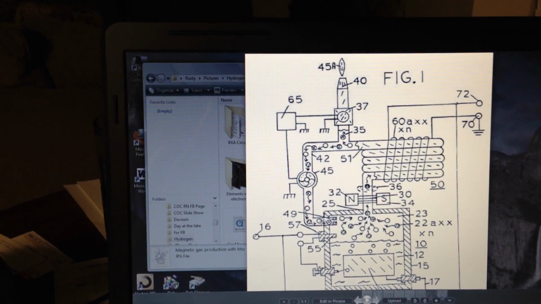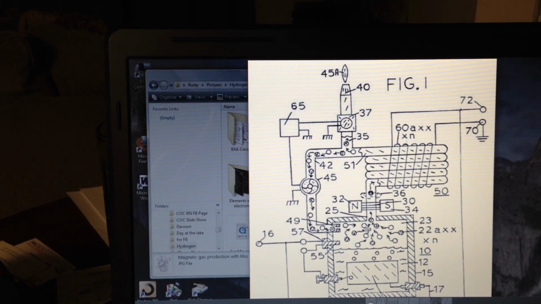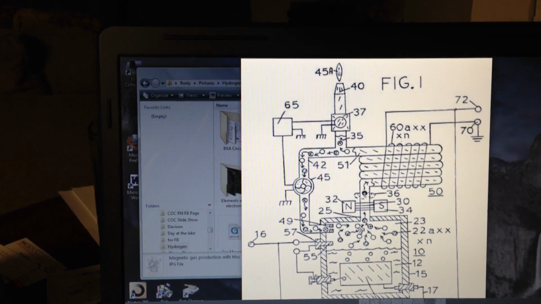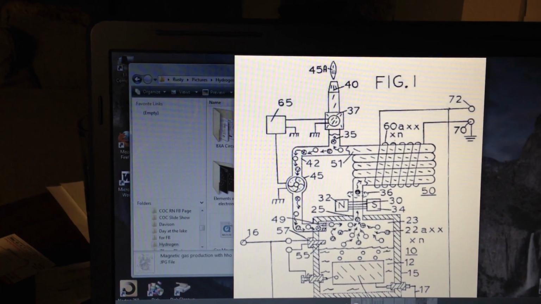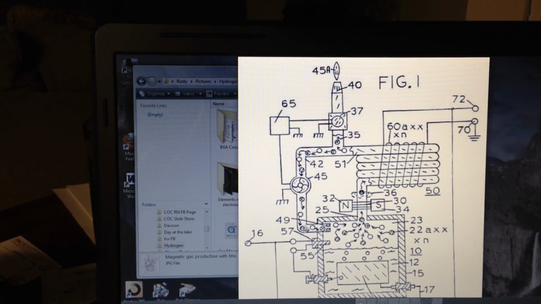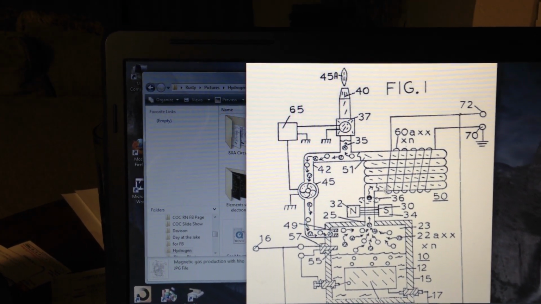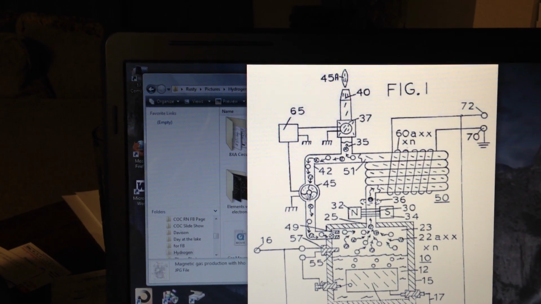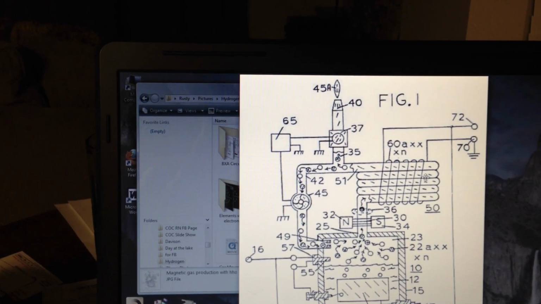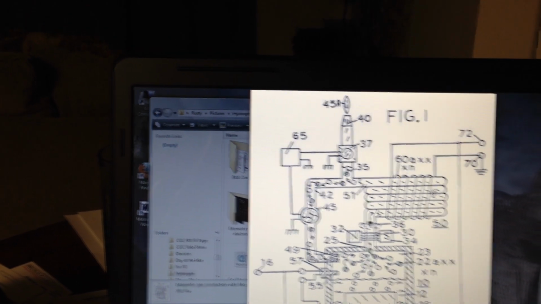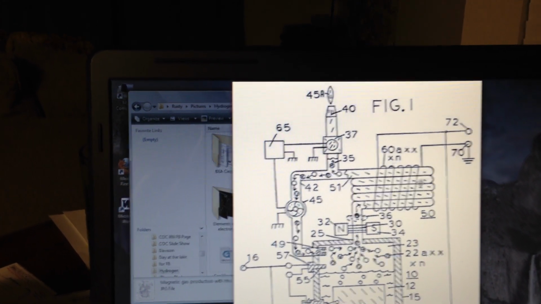So even if we can't get the cobalt down to a single atom and make it into a lattice, I think that introducing the cobalt as a fine powder and getting it to float through this system will do something. I think that we're going to get some magnetic properties. So that's what I got for you so far.